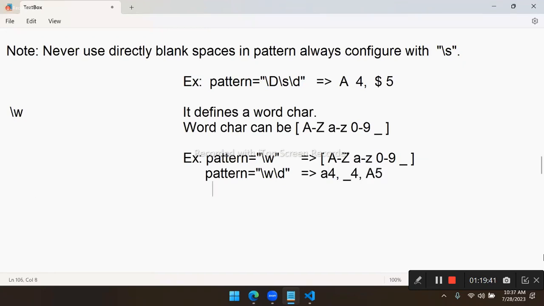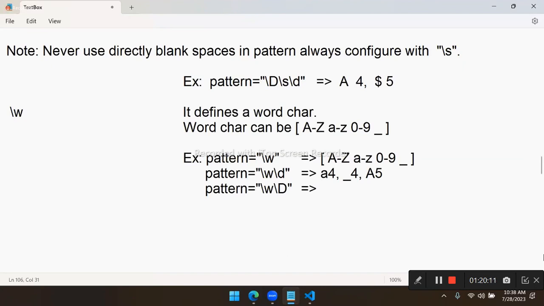Suppose you defined a pattern equal to \w and \D. What does this mean? Uppercase D means non-numeric. That means other than a number, anything is allowed. Am I right? Other than a number, anything is allowed.